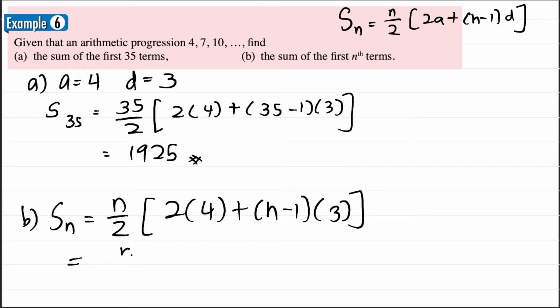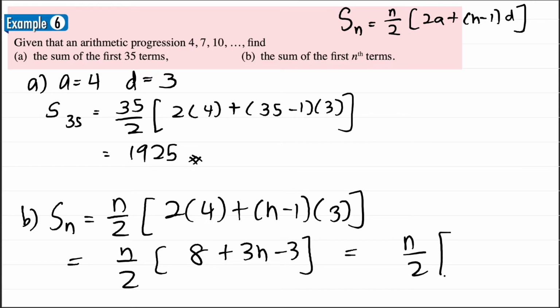So kita masuk je. So N over 2, 8 tambah 3N tolak 3. So the answer is N over 2, 8 tambah 3N tambah 5. Macam tu je. Kita nak utilize the formula.